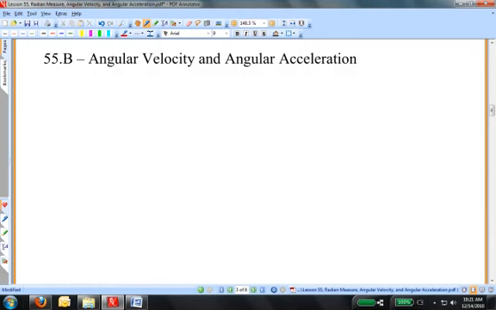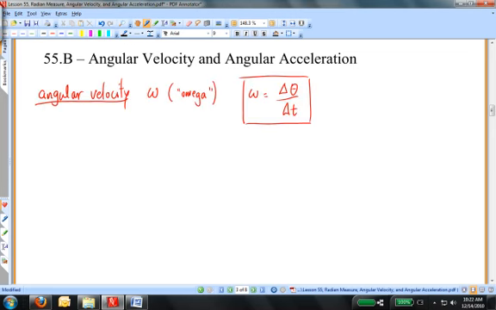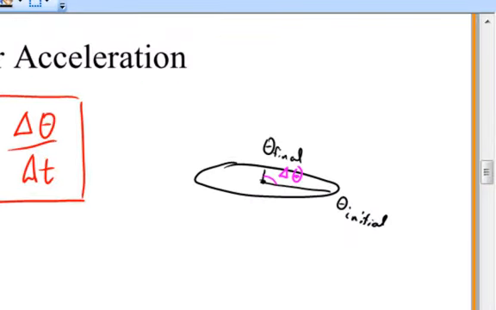Angular velocity is indicated by the Greek letter omega, and it's defined to be the angle per time. This turns out to be a vector quantity. The direction of the angular velocity is given by something called the right-hand rule. Here's what that is. I'm going to draw a circle in profile. The object begins at a certain angle, which we'll call the initial angle, theta initial.